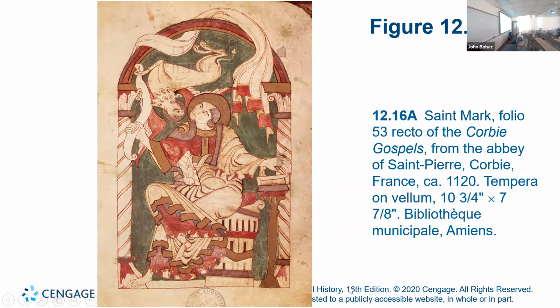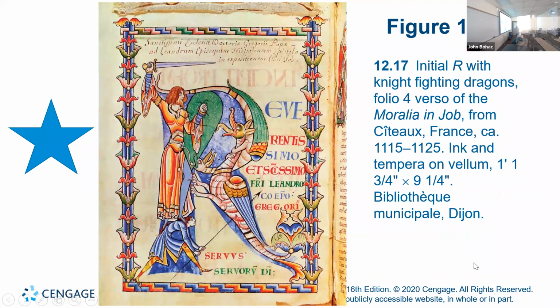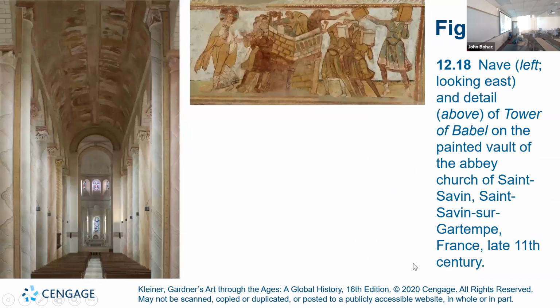Saint Mark. And again, they kind of likened themselves in the monasteries to the gospel writers because they were following the same tradition, writing the story and preserving the story of Christ.